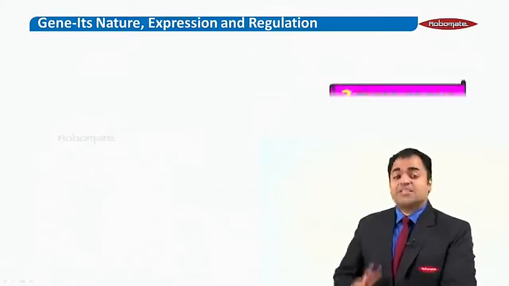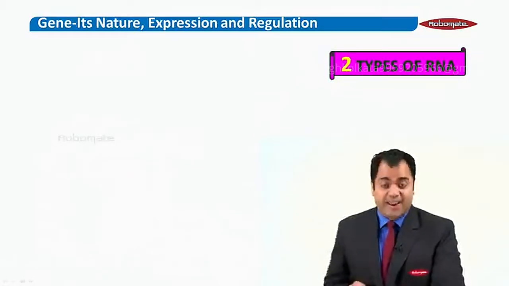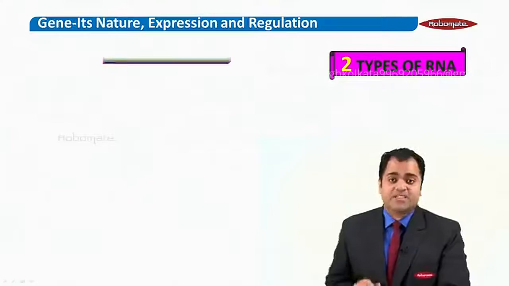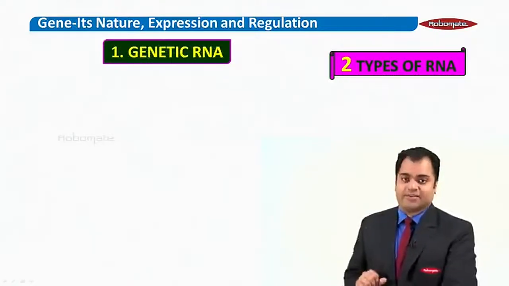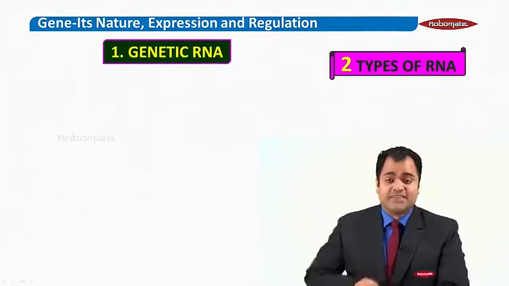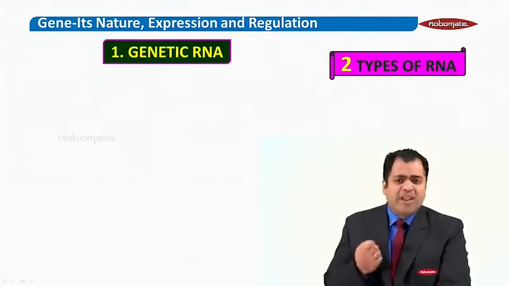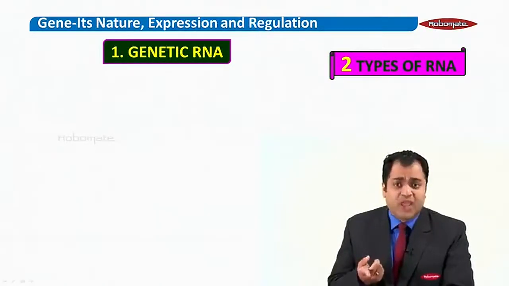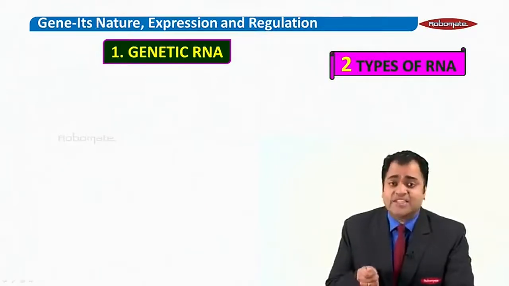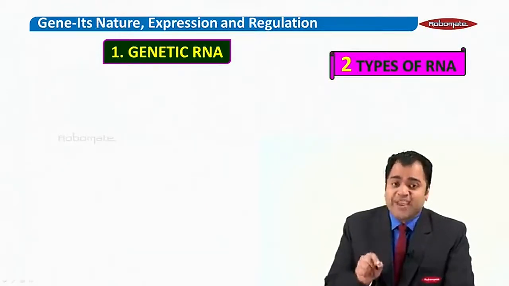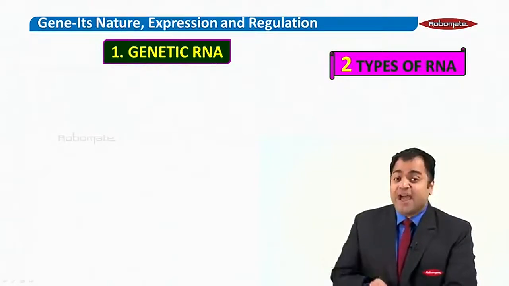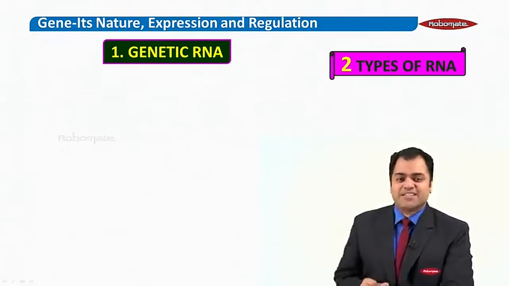Moving on, let us see how many different types of RNA we have in our cell. Now there are two basic types of RNA. One is called genetic RNA because for these individuals, RNA is the genetic material. Which kind of individuals would you think have RNA as their genetic material? You guessed it right. It has to be a virus. Let us see some viruses here.